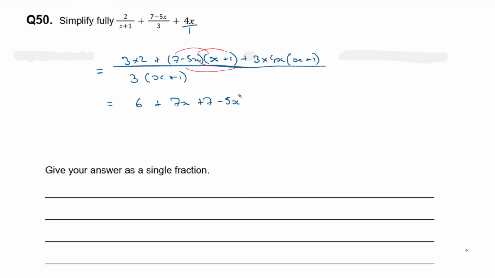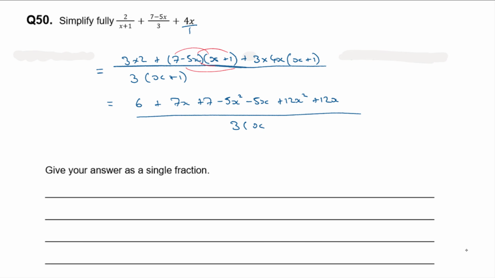And minus 5x times 1 is minus 5x. And then I've got 3 times 4x, which is 12x. And then 12x times x, which is 12x squared. And 12x times 1, which is 12x. Okay, so quite a long numerator still.